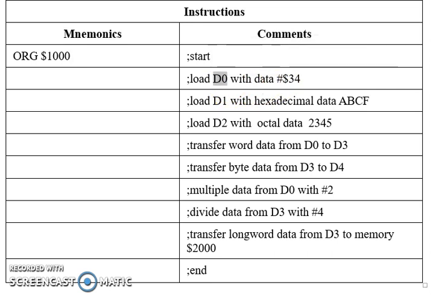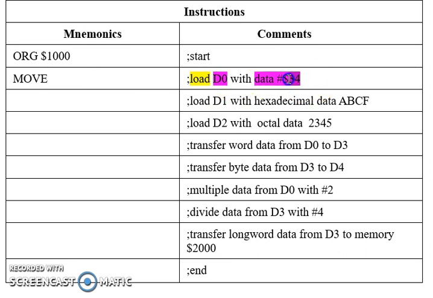Load D0 with data 34. Here, the data is in the form of hexadecimal, and the word load represents move. We don't know whether to use .b, .w or .l, right? Look at the value.